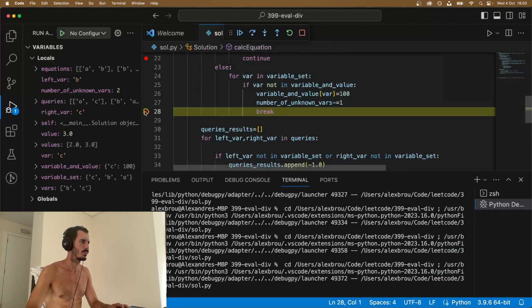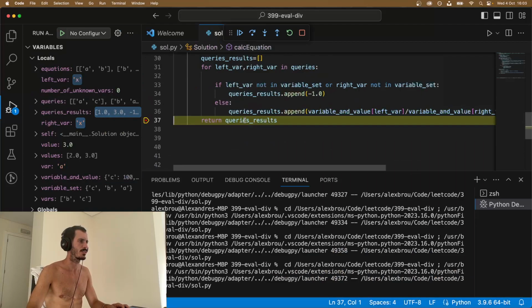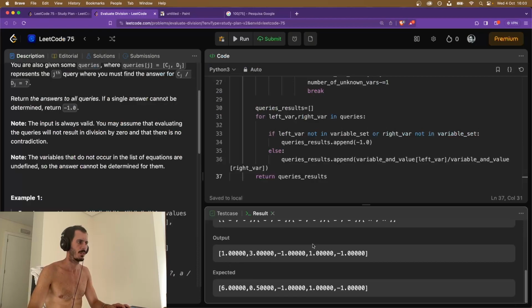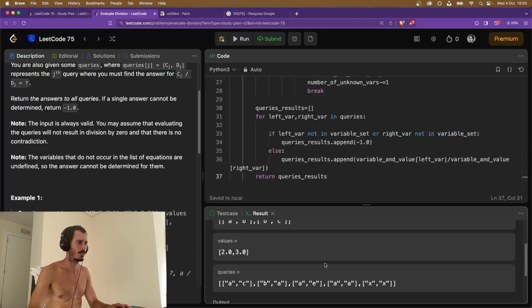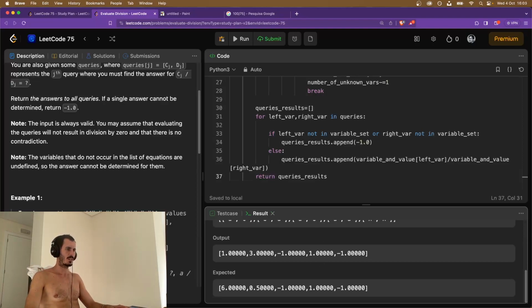So okay, let's just see the results. 1, 3, minus 1, 1, minus 1. Expected 6. Why? Oh, this is actually the first example. A over B is 2. B over C is 3.